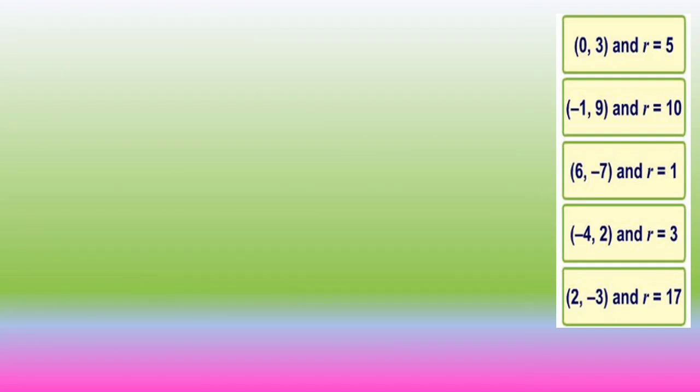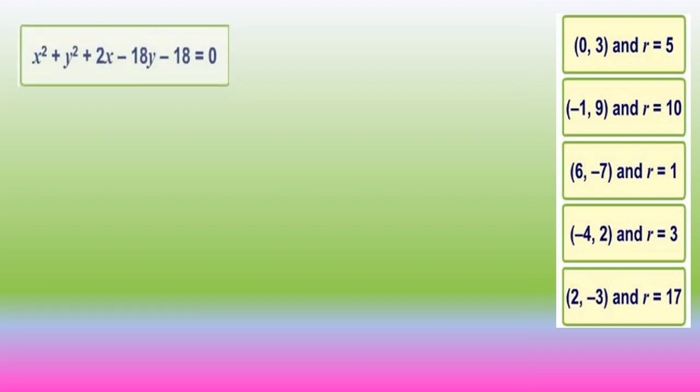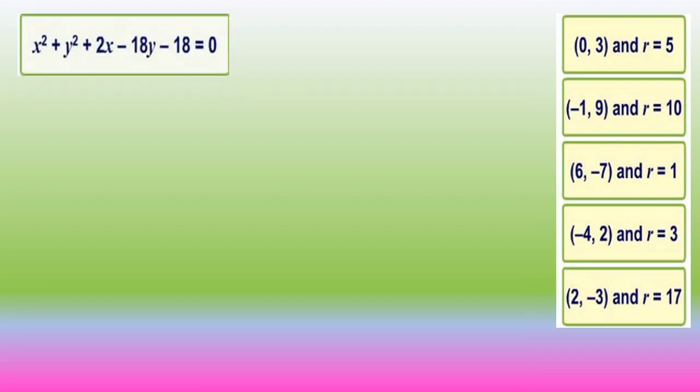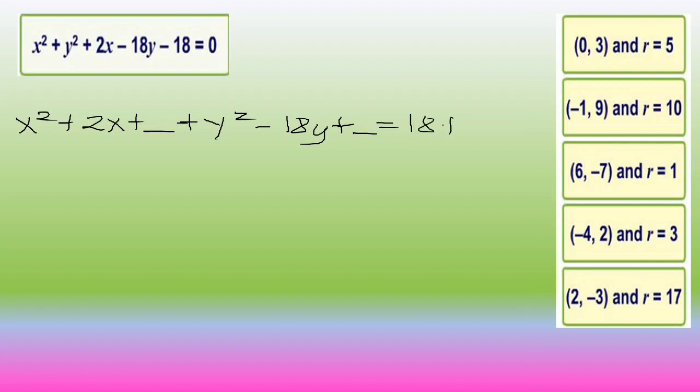Now for our last and final example, we have x squared plus 2x plus blank plus y squared minus 18y plus blank is equal to 18 plus blank plus blank.